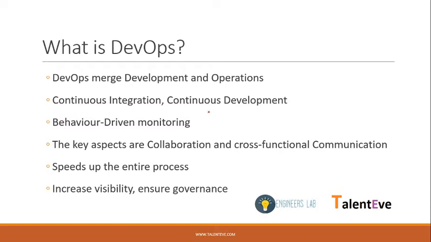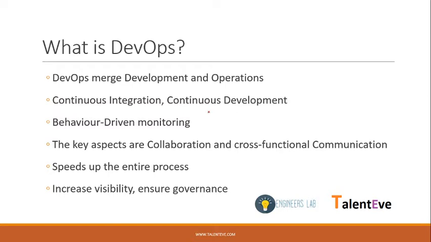For example, if the team size is 10, the people might integrate on a daily or weekly basis, depending on the project requirements, and then you continuously deploy it, take the feedback, and again develop based on the comments you receive. So it's like continuous integration and continuous development that is happening, where behavior-driven monitoring is taken into consideration for these things.